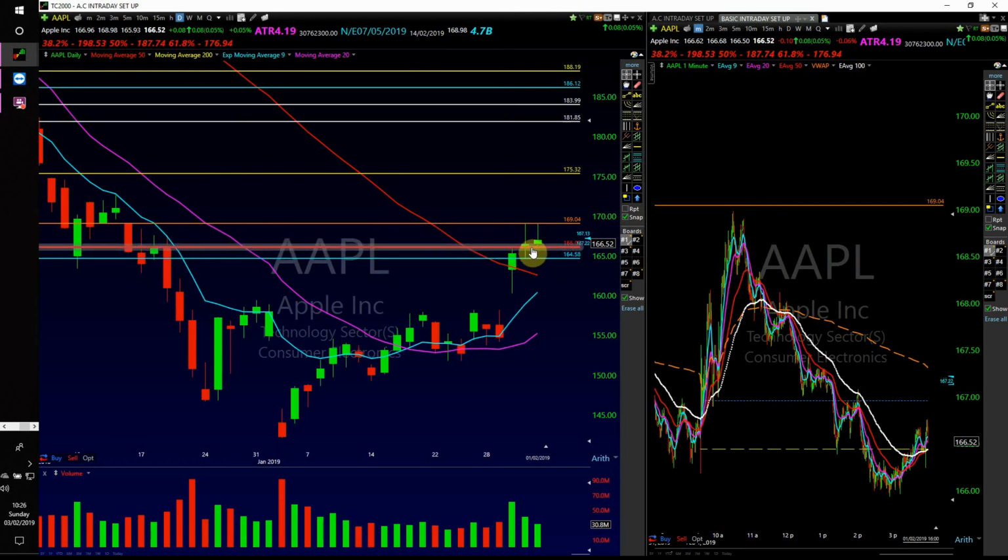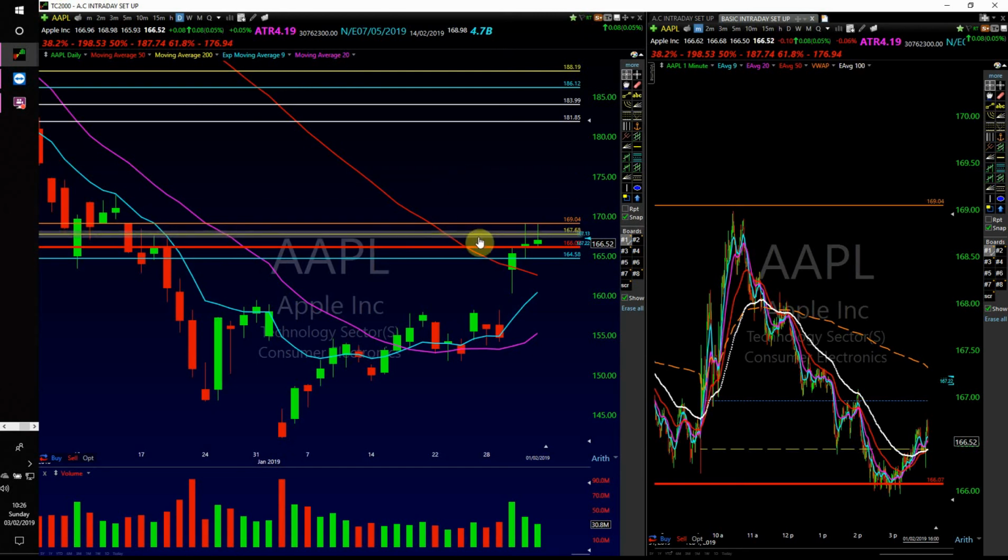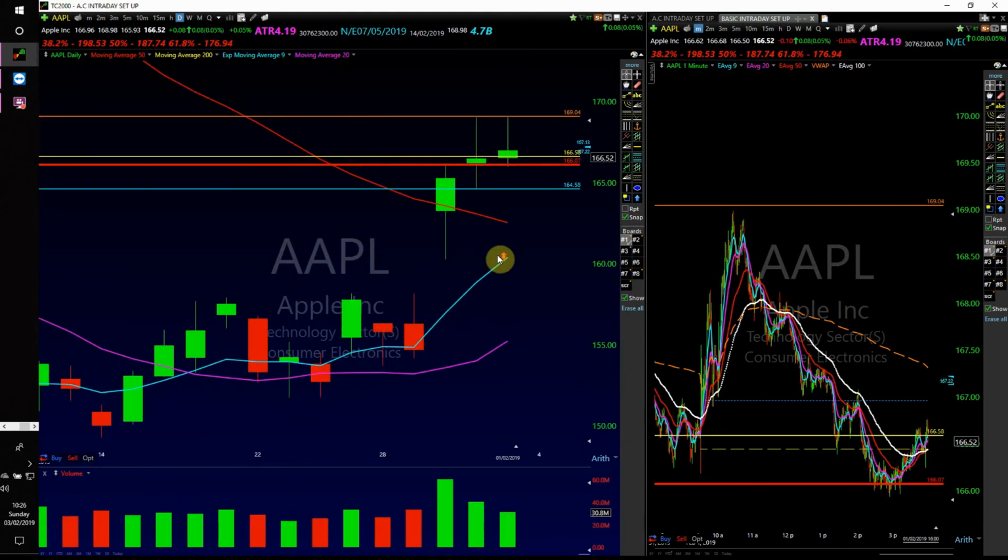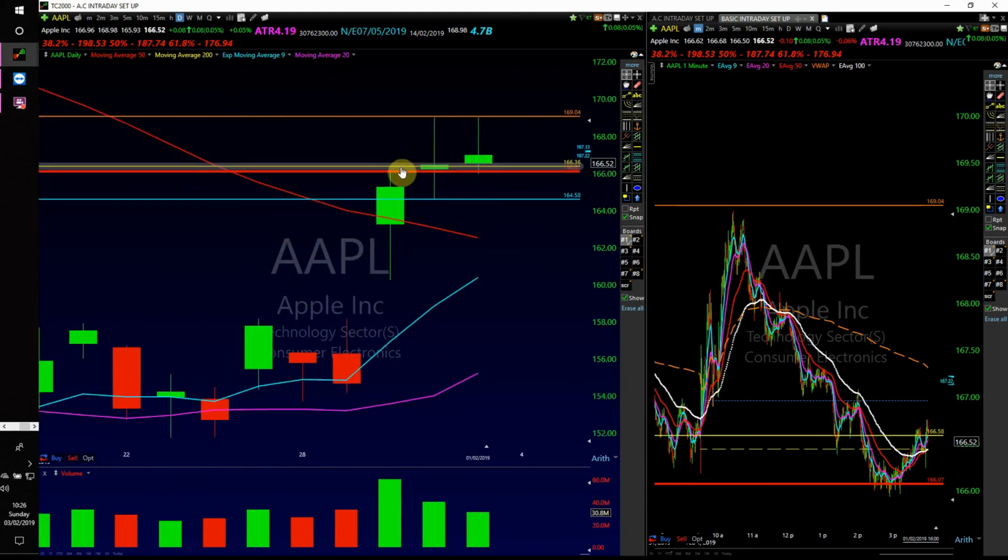The reason that one was coloured darker red is because the close there also represented the high of day, so it was a more important line, so I made it slightly thicker red. And then of course I've got my yellow line, which would have represented your open and your close. Now zoom in and we can make sure we've got them right.